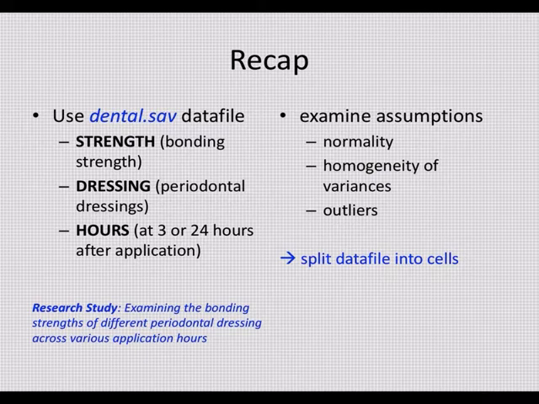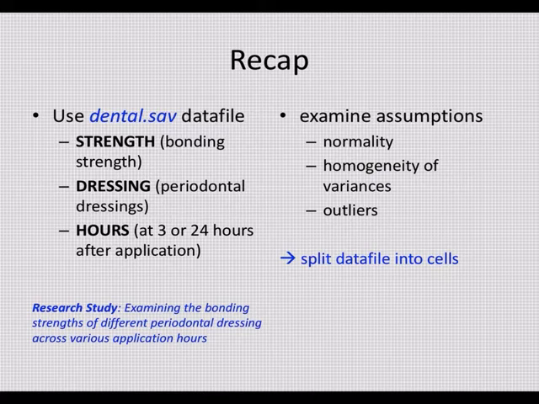But we had this data set, and we had different variables. The outcome variable was strength, the bonding strength of, let's say, a crown or something on one's teeth. And then there's periodontal dressing, the different dressings that they use to put things on your tooth.